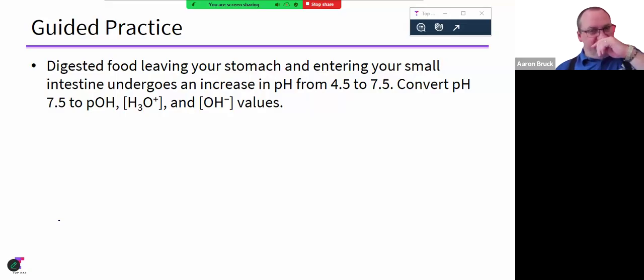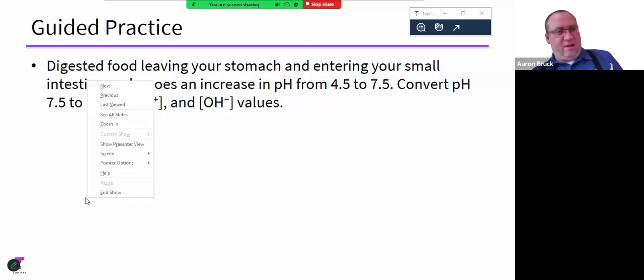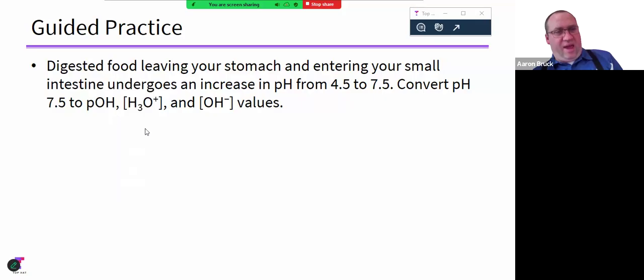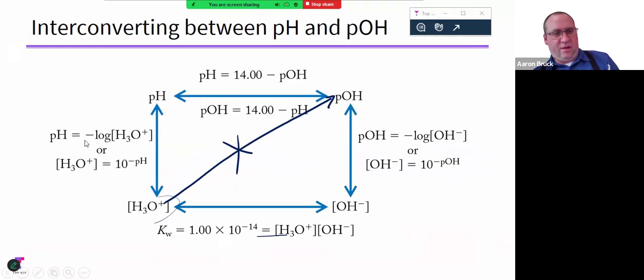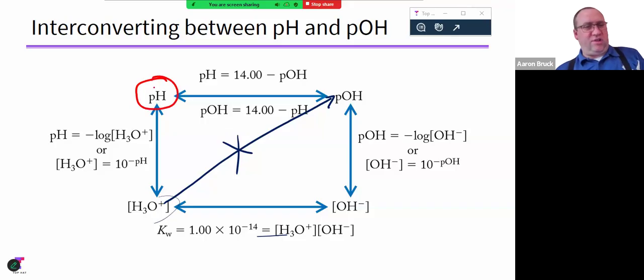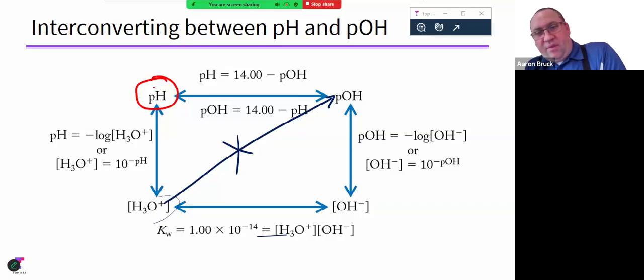So the way to tackle this is, if I'm looking at the calculation box here, I have been given the pH. Now, since I have to calculate all of the other ones anyway, I'm going to have to go around the box in some way or another.